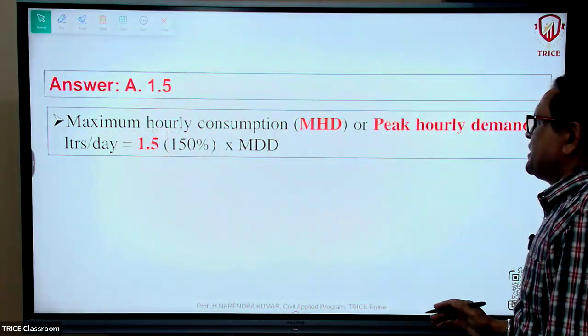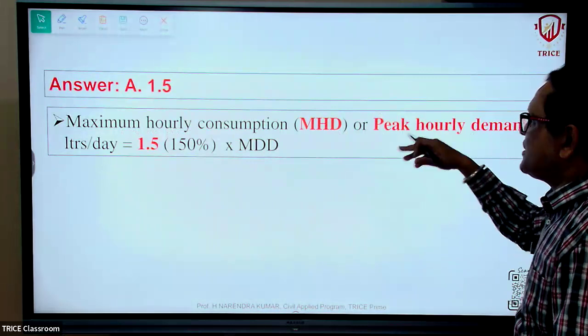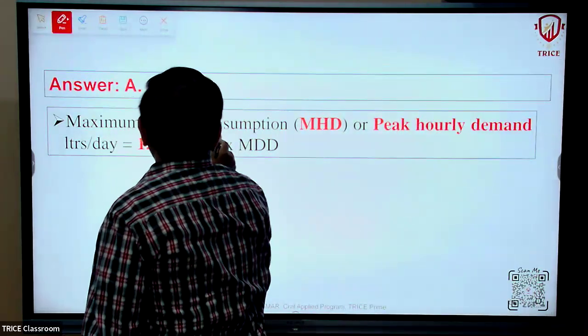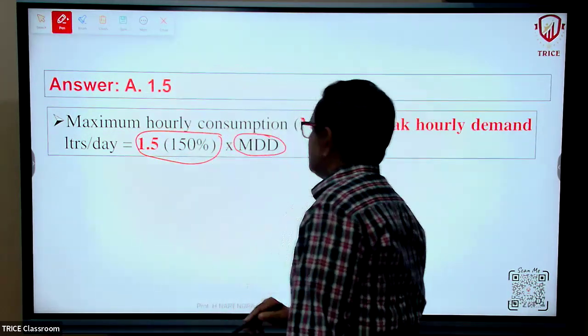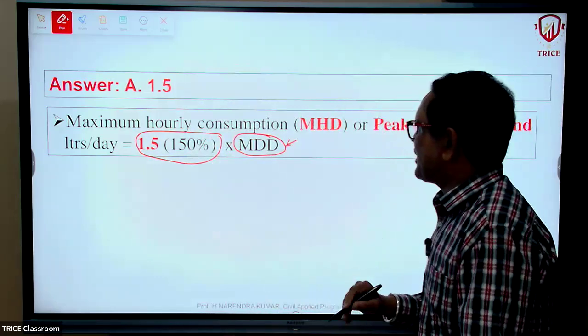As you know, it is nothing but maximum hourly consumption, also called peak hourly demand. So it is 1.5. Please remember this, 1.5 times MDD. So you must be very careful with this terminology, MDD, maximum daily demand.